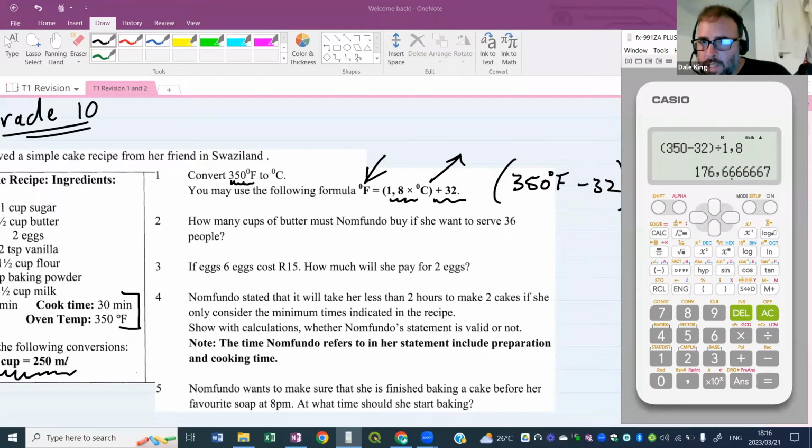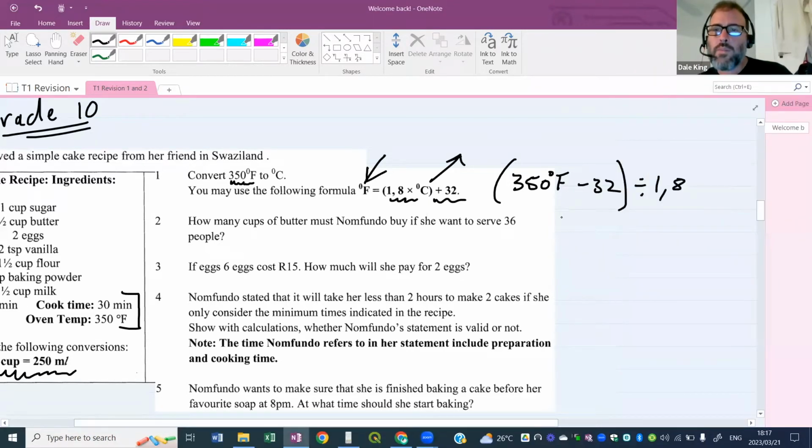I'm looking at the second decimal, which is a 6, and the 6 next to it in the third decimal will change the second decimal 6 to a 7. So this will give me 176,67 degrees Celsius. Don't forget your units. Okay, well done. Good job. Well done to all those that got that one out.